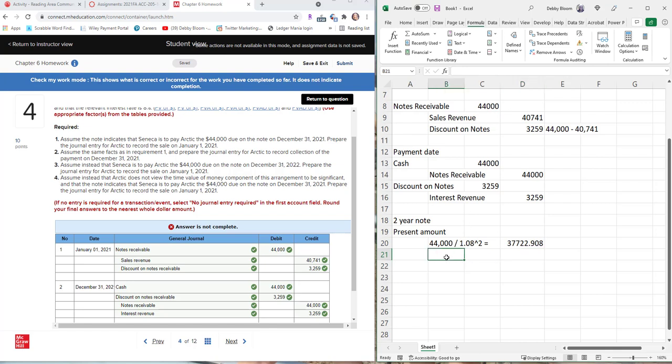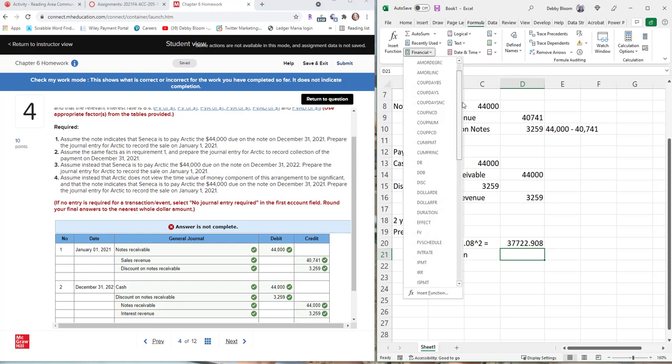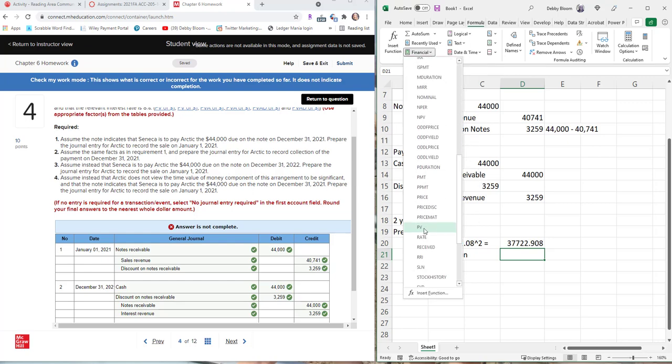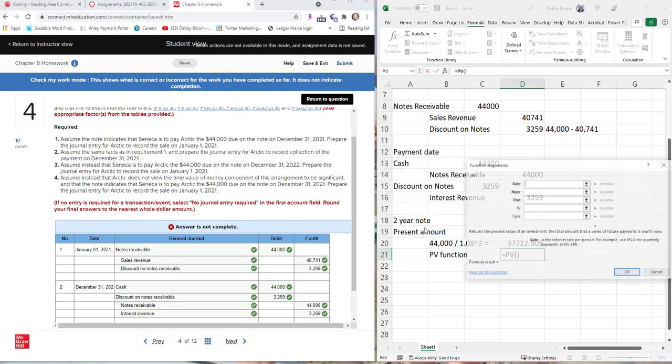Now, let's use the PV function in Excel. I'm going to click on the Formulas tab. In the function library, I'm going to choose Financial, and scroll down until I see PV. Now that it's 2 years, it's very important that we not put it in the PMT, because PMT would mean that we're getting 44,000 every year for 2 years.